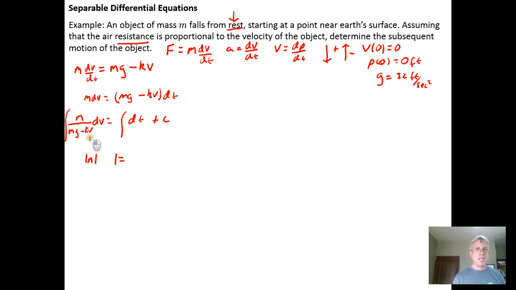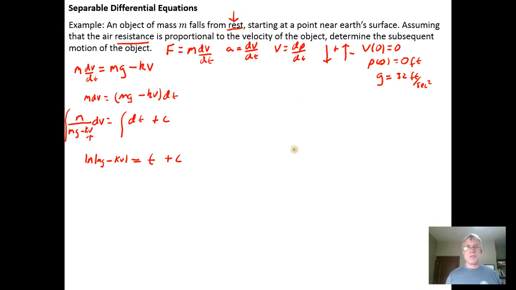The variable v is showing up to the first power in the denominator. So I'm going to guess mg, natural log of mg minus kv as my antiderivative. That's my initial guess, and then I'll tweak it to make it correct. And then when I integrate dt, I just get t, and there's my constant of integration.